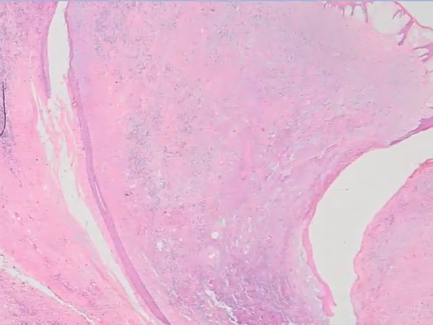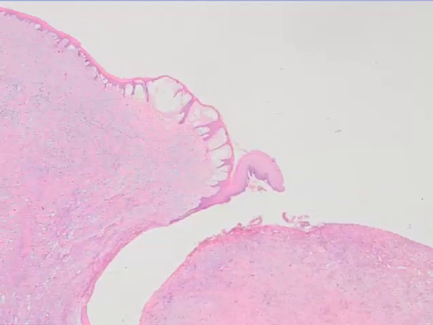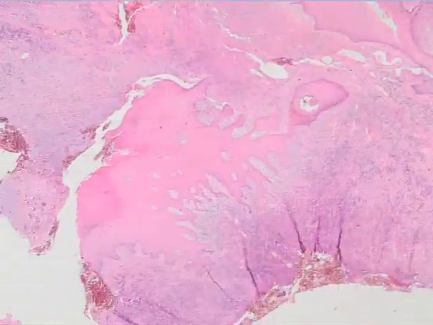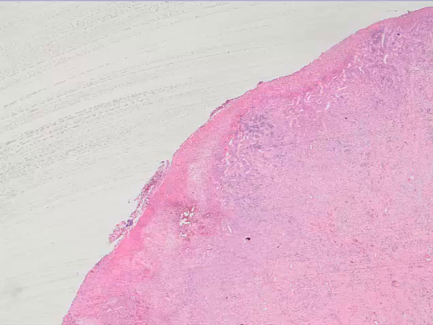We had this polypoid mass resembling granulation tissue with the erosion of the squamous epithelium. Here we have some squamous epithelium, and here again some hyperplastic squamous epithelium, and here again with an exudate.